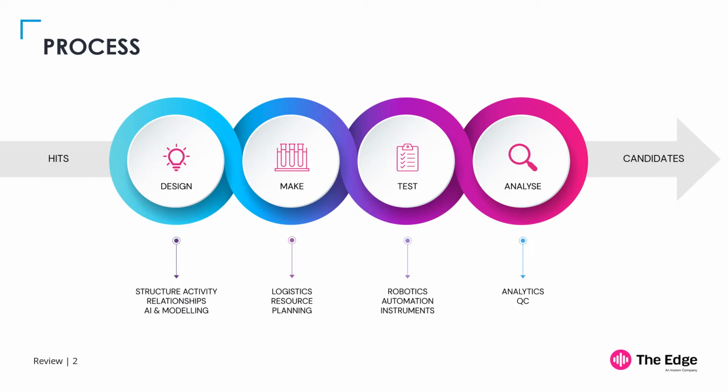Under the test phase, it supports automation of robotics and instrumentation to transform the sample, test it in the biological assays, and ultimately then with the analyze module, analyze the raw data coming off the instruments and apply quality control techniques to make sure they're statistically valid in order to capture those results to feed back into the design process.